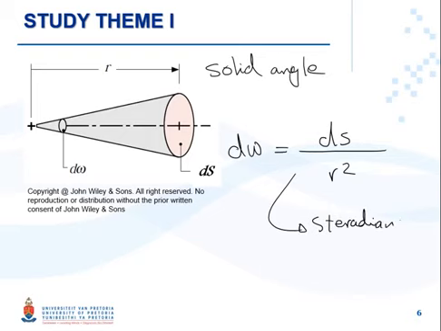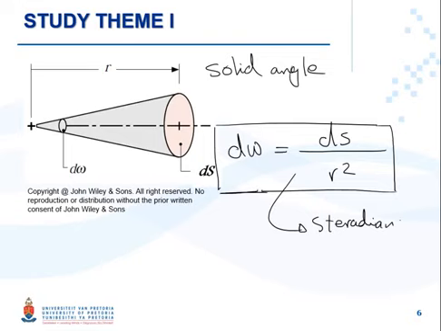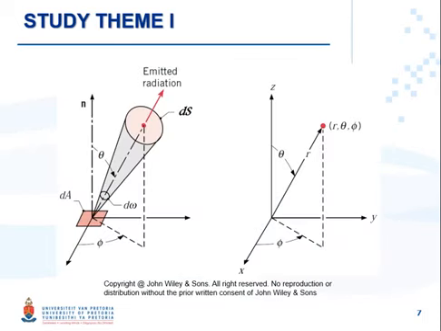Just have it for now, and after that we are going to work a lot with this differential definition of solid angle, ds divided by r squared.